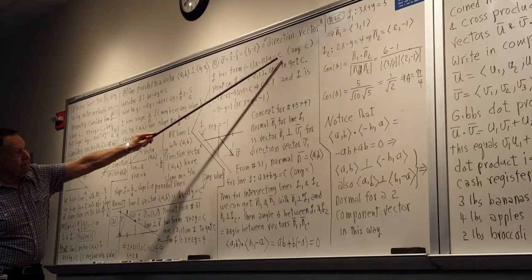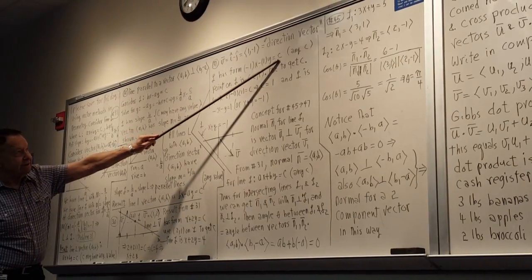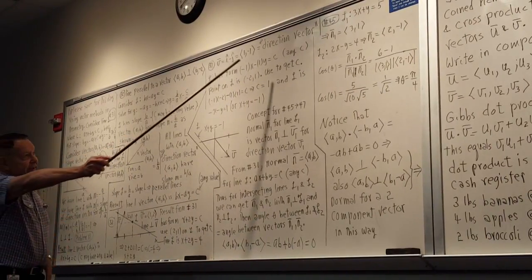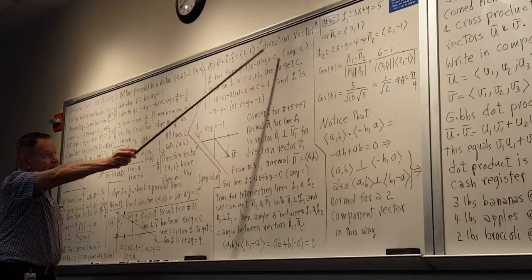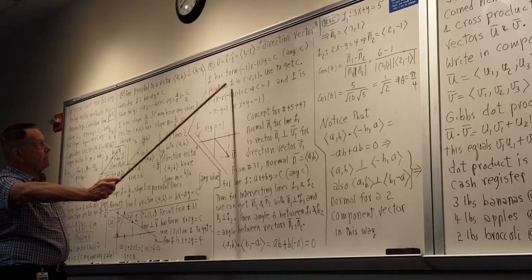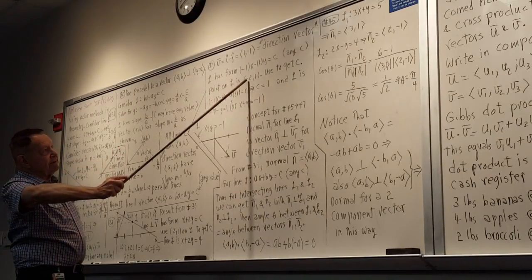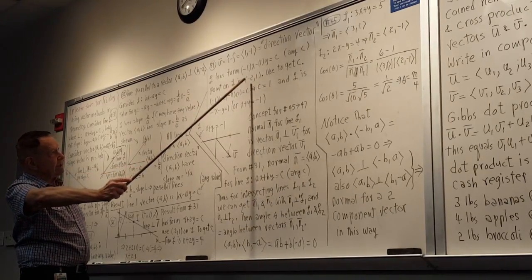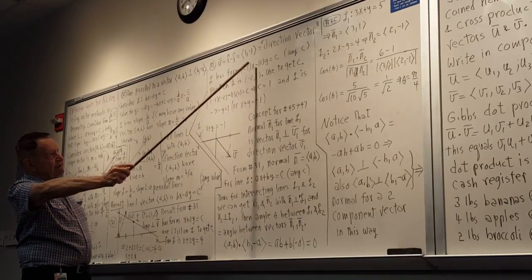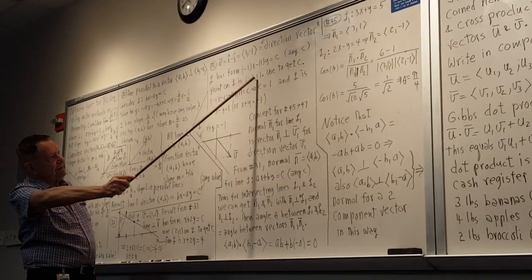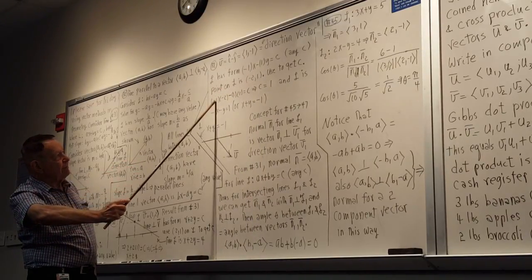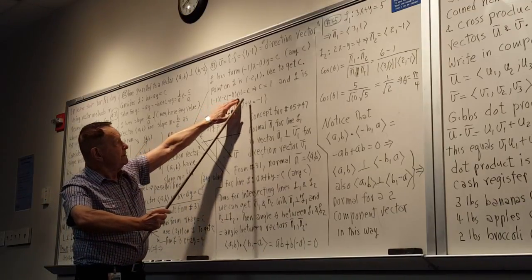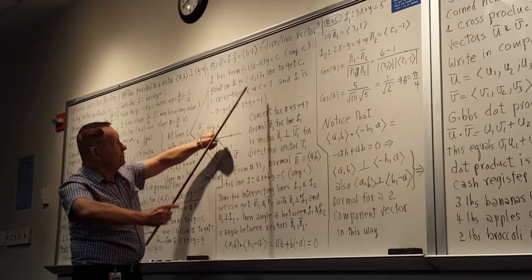And then this could be any constant. These lines all slope the same way. And again, to pick this out, you have to know the point on the line. So the point this time is minus 2, 1. We use that to get the C. So we put the minus 2 in for the X and the 1 in for the Y. And so we get 2 minus 1, which is 1.